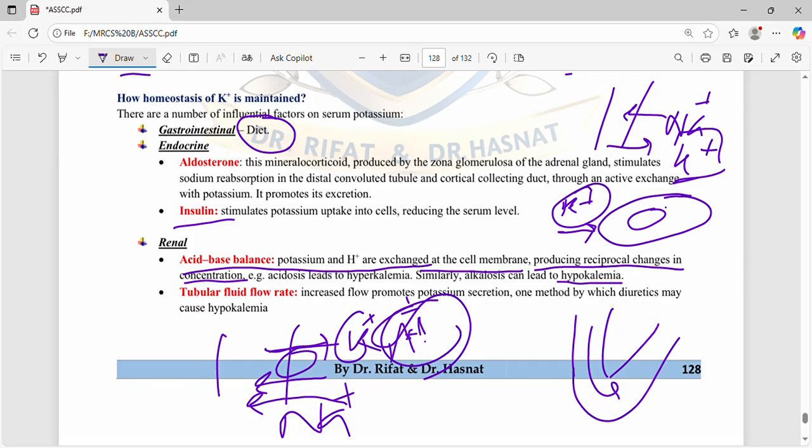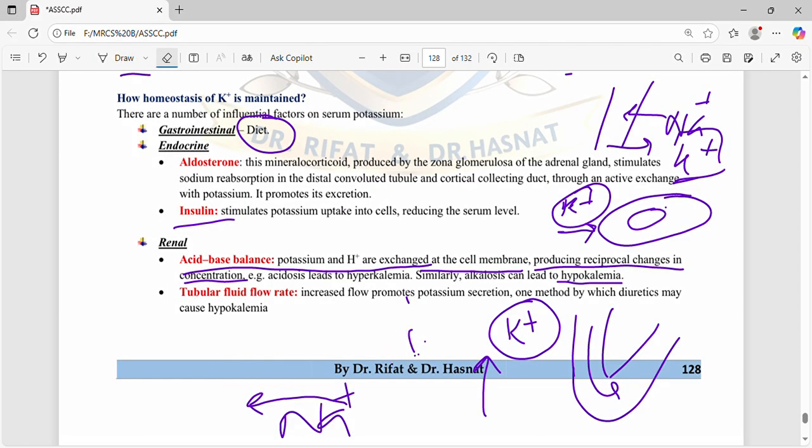So what will happen if we have acidosis is that the body will build up potassium, because the body will be busy throwing out hydrogen. So behind we will have a large amount of potassium.